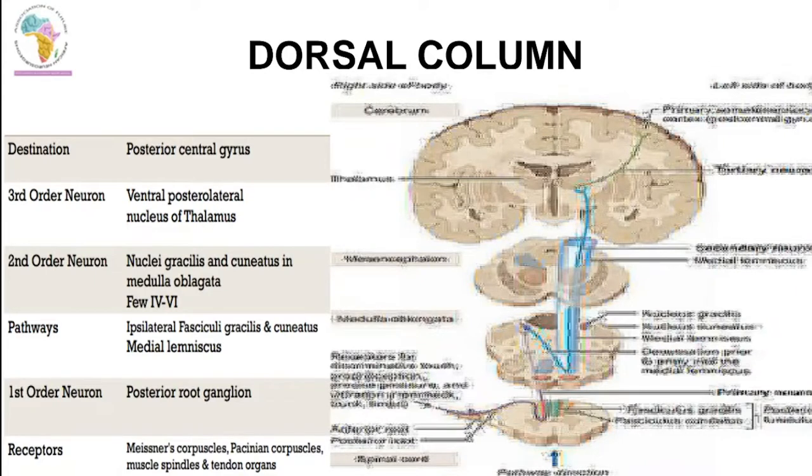So for example, if the lesion is on the right side, superior to the decussation, sensory function will be lost below the lesion on the opposite side. That's the point that I wanted to put across.